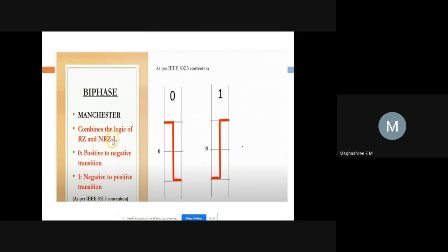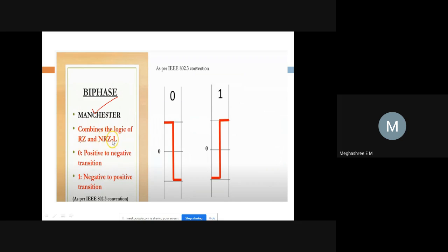Next, the third method under polar, right? That is Manchester. So let's see how to represent data bit 0 and data bit 1 for this method, Manchester. The rules you need to follow here: Manchester is actually the combination of RZ and NRZ-L.